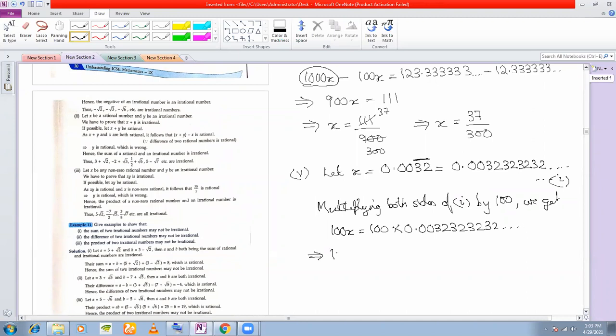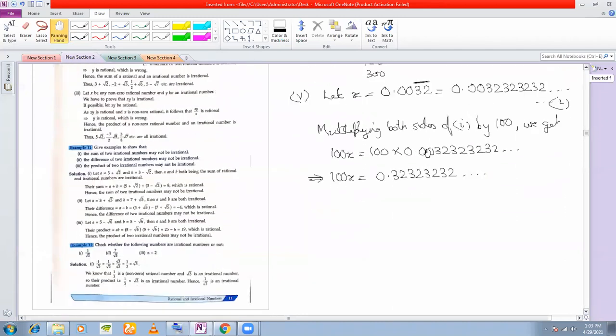That means 100x is equal to, shift 2 decimals to the right, 0.32, 32, 32, 32, and so on, right? Okay. Next, we call this equation number 2.